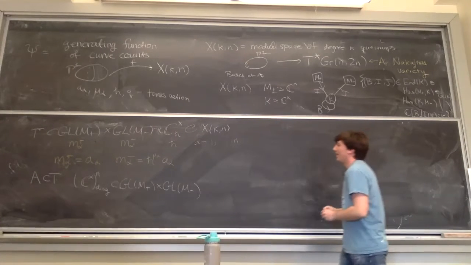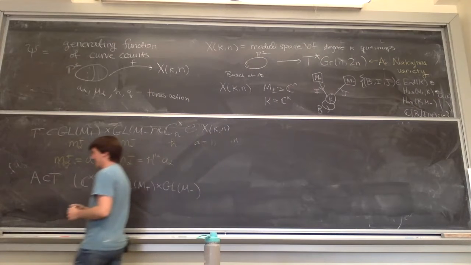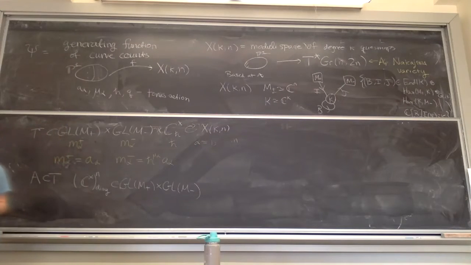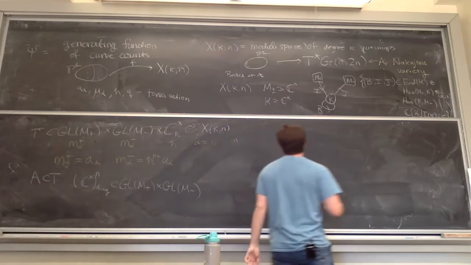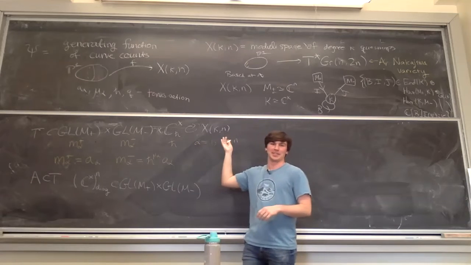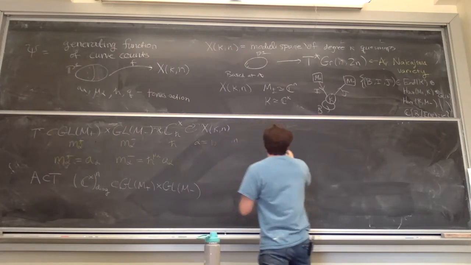So the unfortunate thing is, for Nakajima varieties, all this stuff is very well known and pushes all the combinatorics under the rug. But to explain the correspondence intelligibly, I'll have to tell you a little bit about what the fixed points look like. I'll just tell you how to label them.